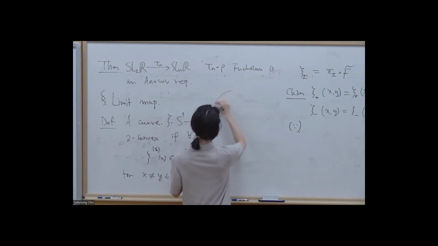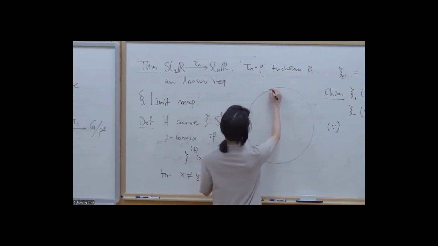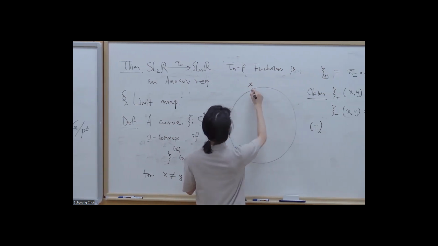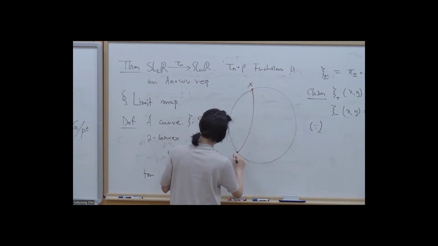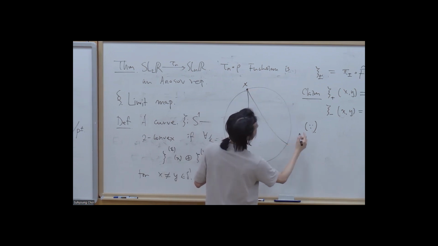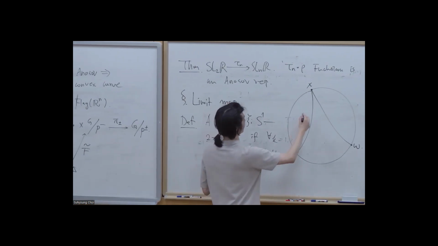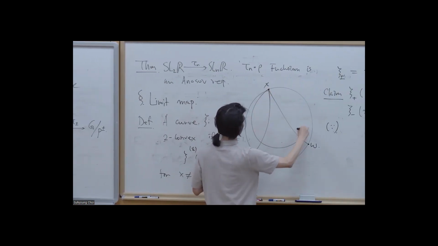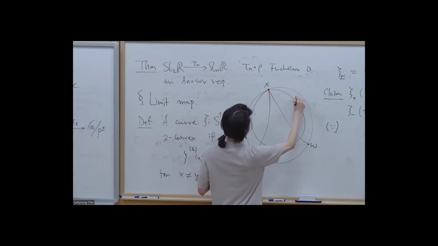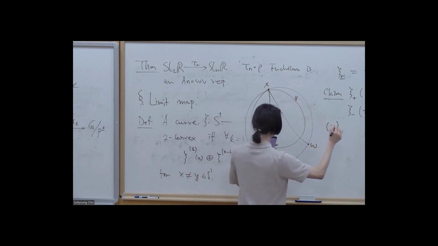The picture is this. We have a Poincare disk, and you have x here, and say we have y here, and w here. And let me draw a reference horocycle.